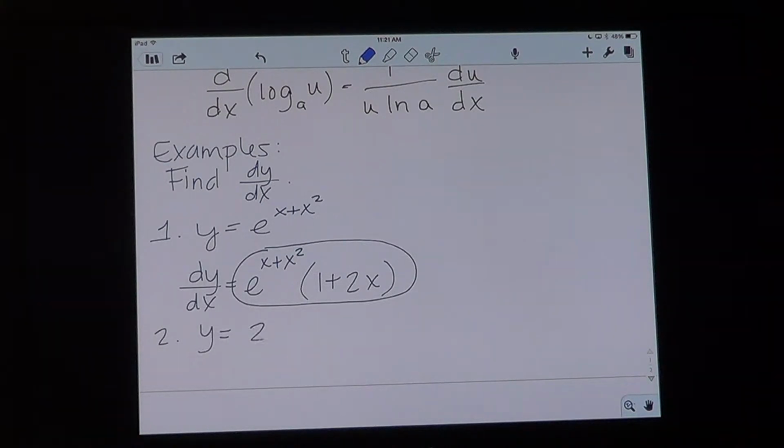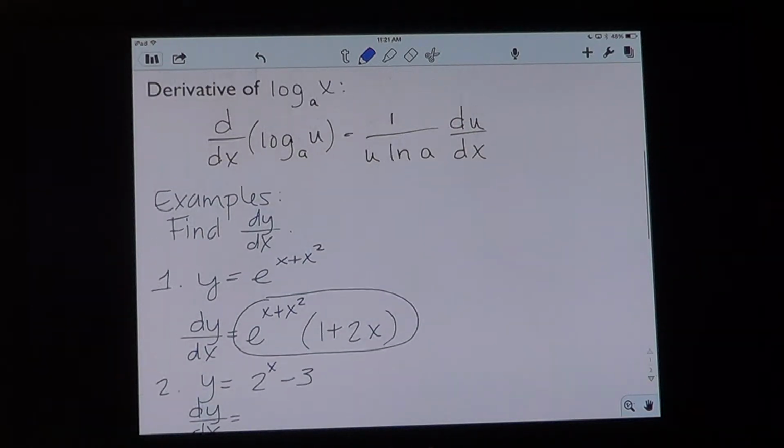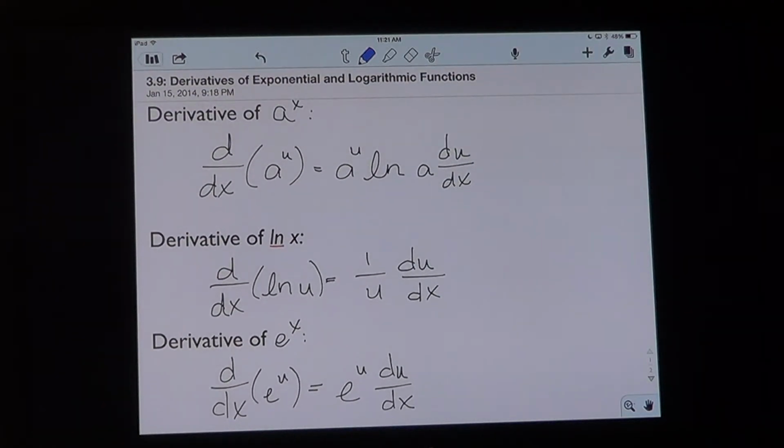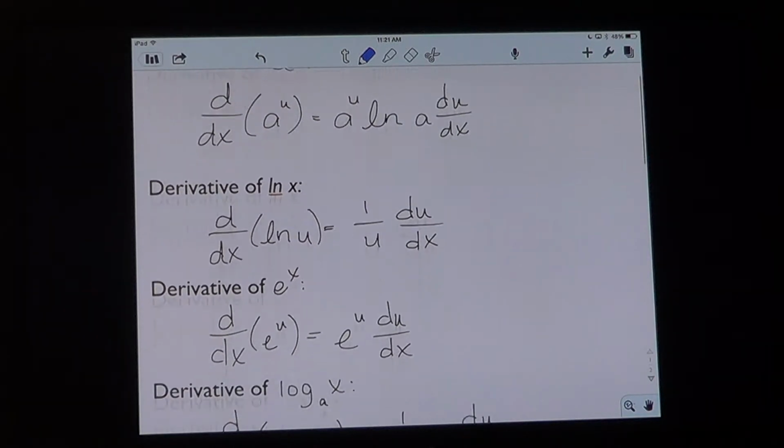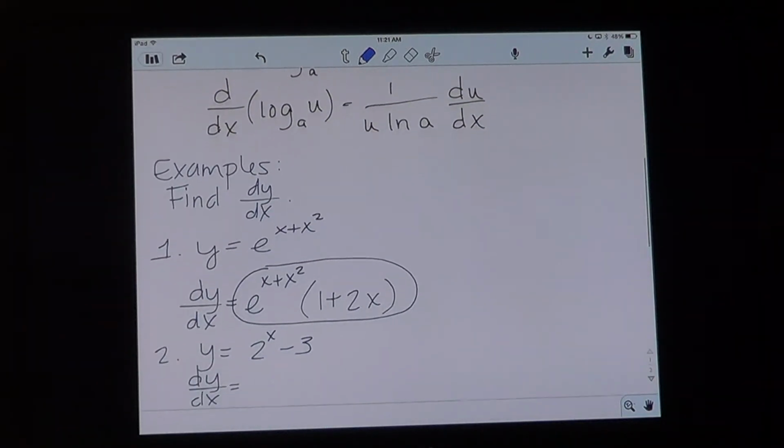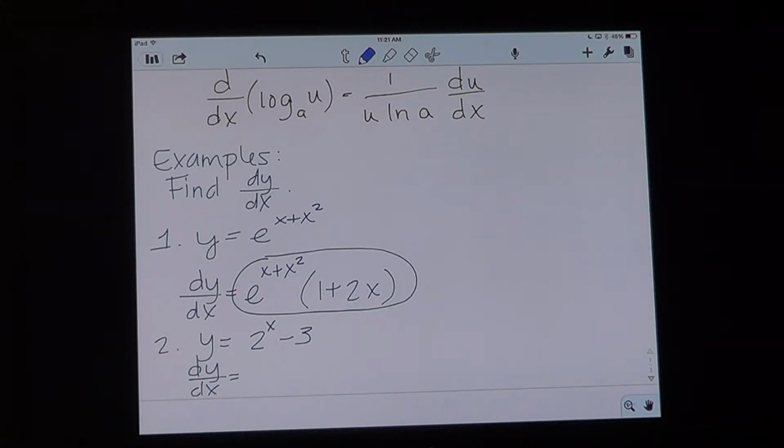Y equals 2 to the x minus 3. So for that one you have to use the first one. Yep. So it's going to be what? 2 to the x minus 3.